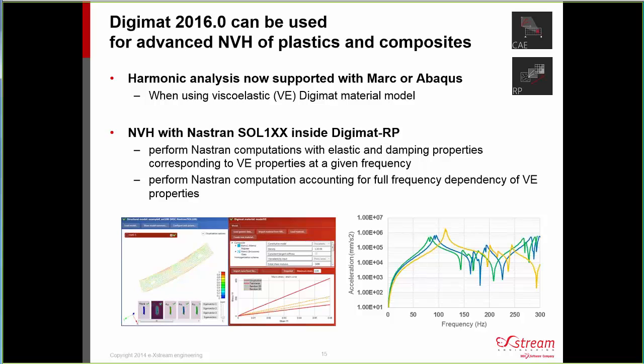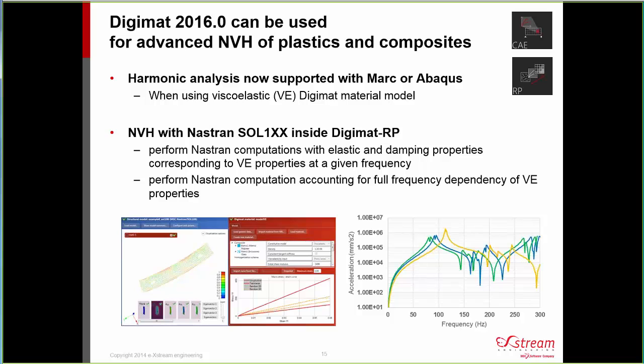So here it means that Digimat will help to perform Nastran computations with damping properties corresponding to the calculated viscoelastic properties. It can be calculated at a given frequency if you choose to target one frequency, for example. But the frequency response analysis can also be done with a full frequency dependency of the viscoelastic property.